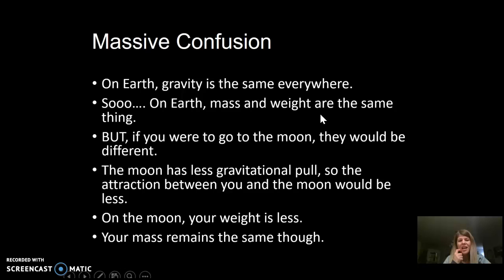But if you were to go to the moon, they would be different because the moon has less gravitational pull than the Earth. So the attraction between you and the moon would be less. On the moon, your weight is less. Your mass remains the same though. Remember, it's constant.